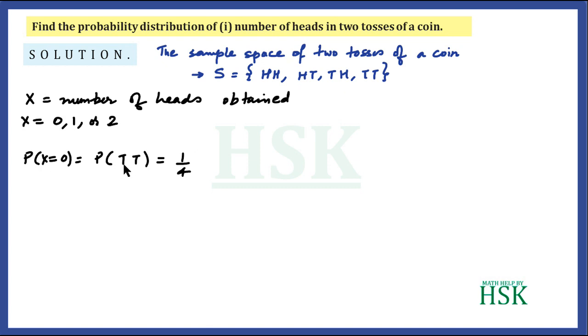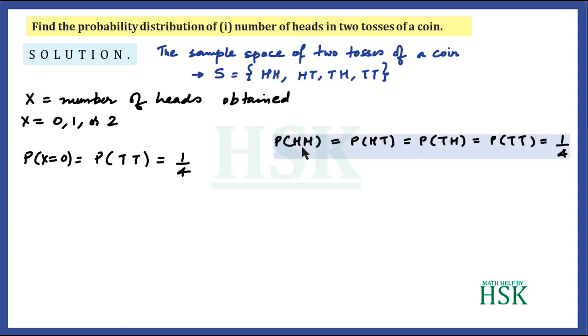Favorable number of outcomes upon total outcomes gives 1 by 4. It should be noted that the probability of getting head head, head tail, tail head or tail tail, all of them would be equal to 1 by 4, because there are 4 total outcomes and only one outcome is favorable for any particular event.